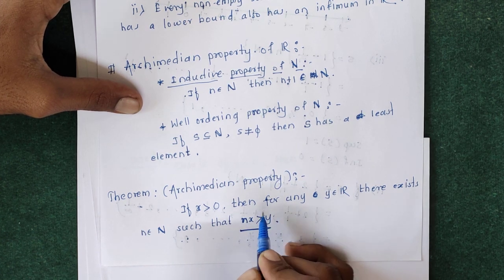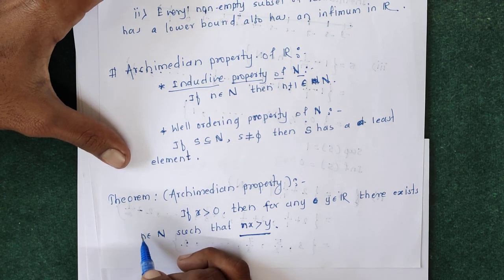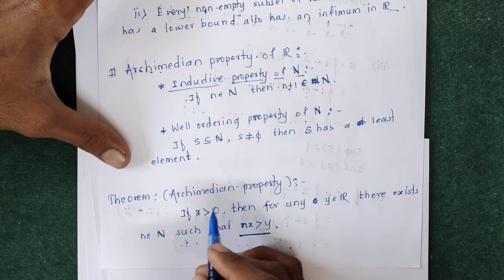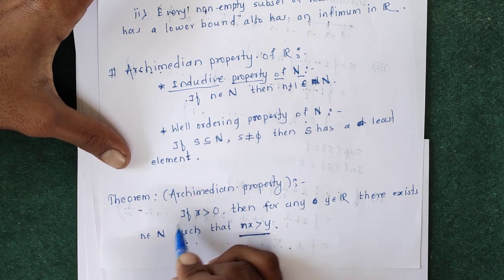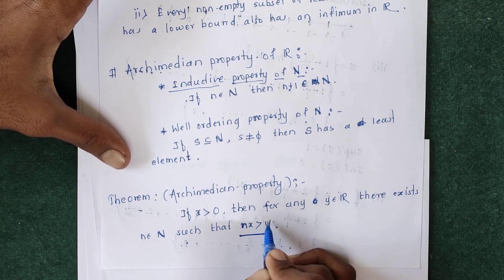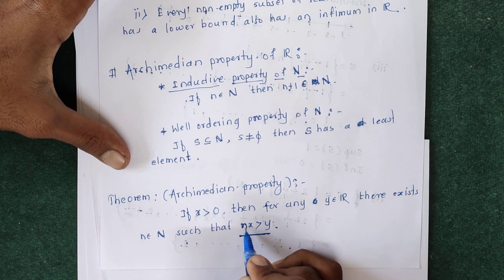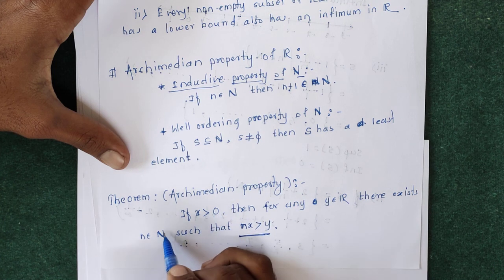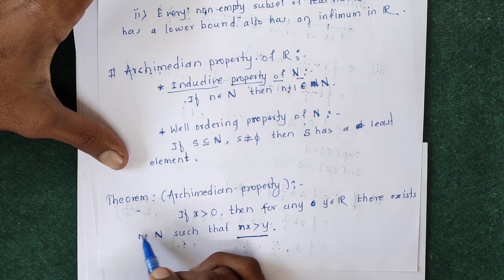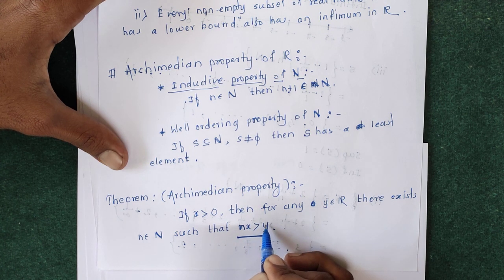If y is equal to 0, then nx is clearly greater than 0, because n starts from 1 and x is positive, so their multiplication is positive. So nx is greater than y if y is equal to 0.